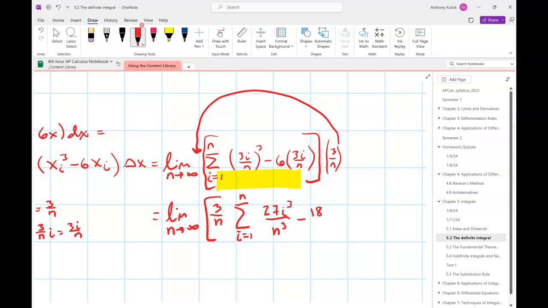And I have minus 18i over n. Yes, because the limit is applying to all of that, right? There's a times symbol in between the sum and that 3 over n. I'm now going to distribute my sum across that subtraction.